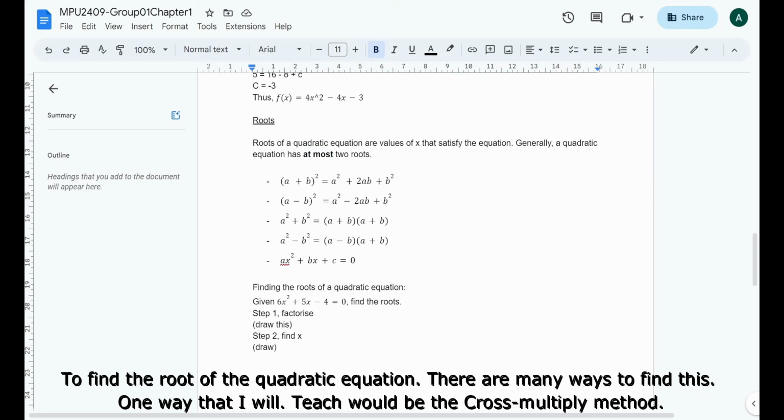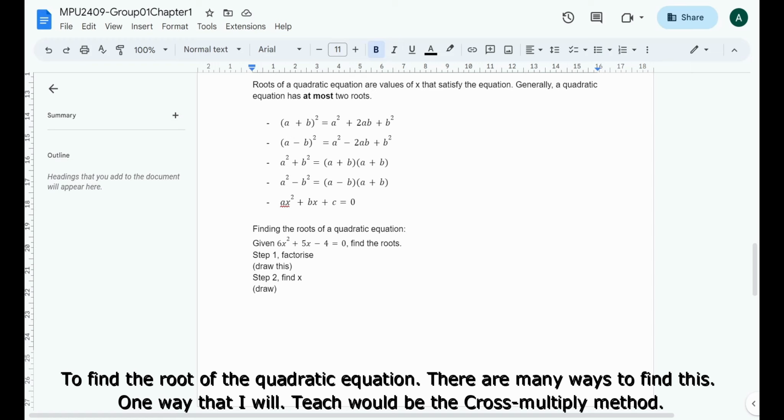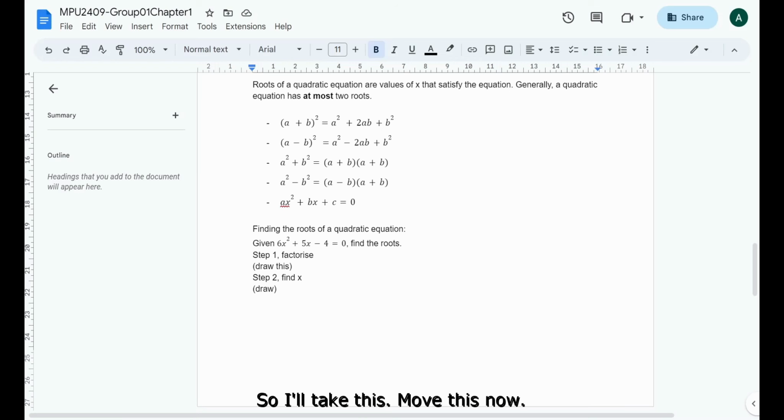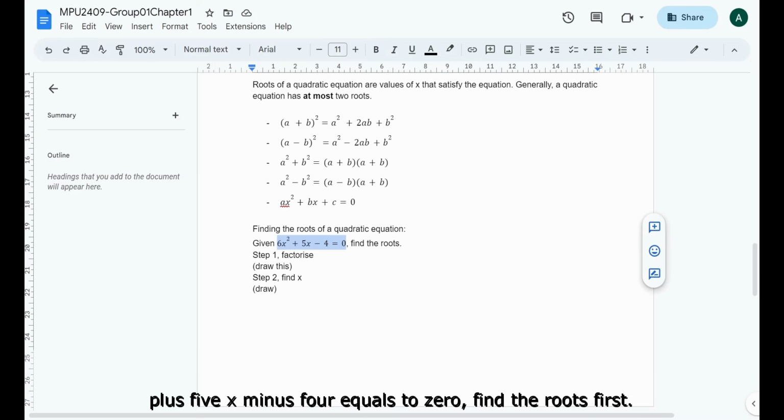So, to find the root of the quadratic equation, there are many ways to find this. One way that I will teach would be the cross multiply method. Now, let's say given 6x squared plus 5x minus 4 equals 0, find the roots.